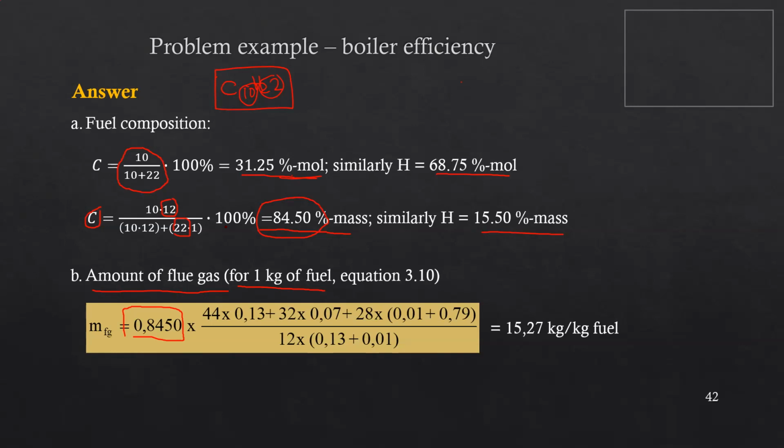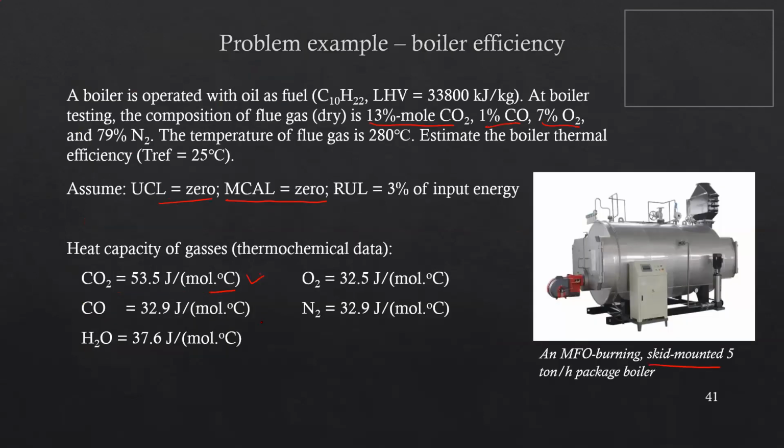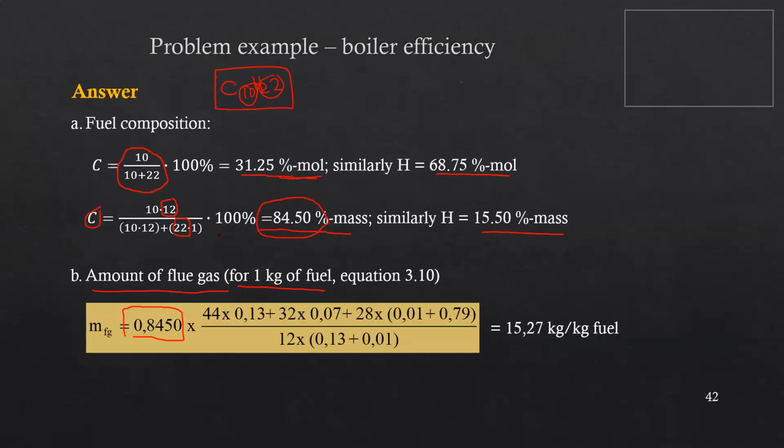So we have 0.845, and we can put in all of the numbers given in the question: 0.13 for CO2, 0.01 for CO, 0.07 for oxygen, and 0.79 for nitrogen. So we put it here.